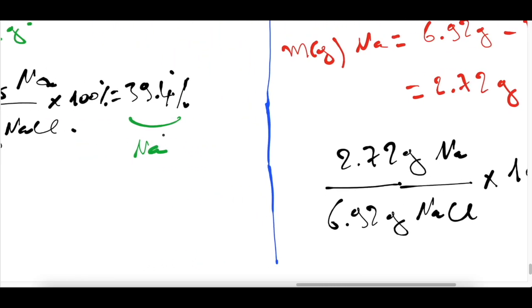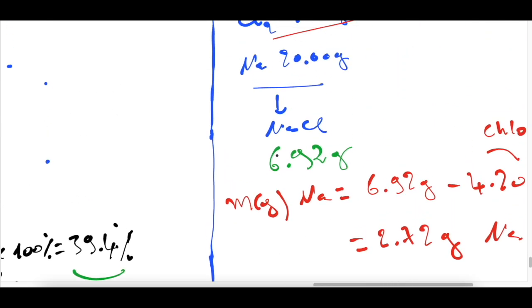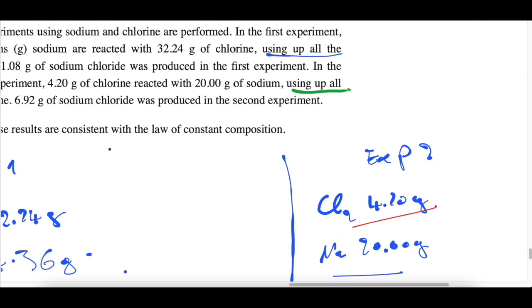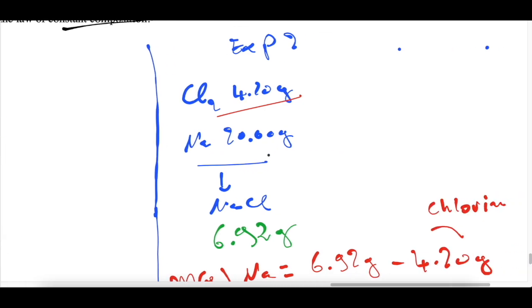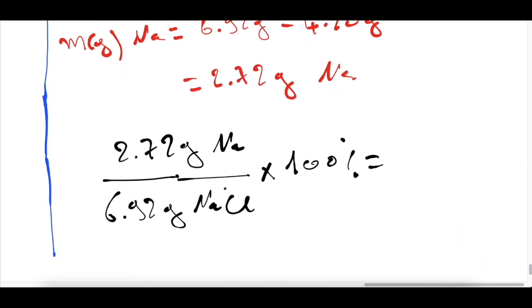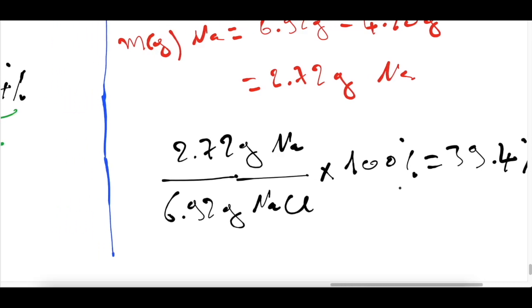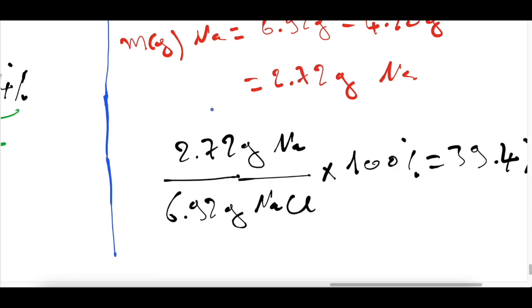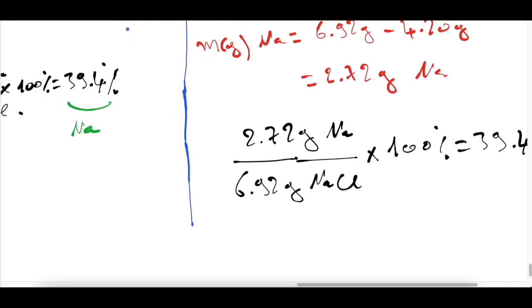Here we must find the same value, because it should be consistent with the law of constant composition. By making the calculation, we get 39.4%. So we can observe that both are the same.